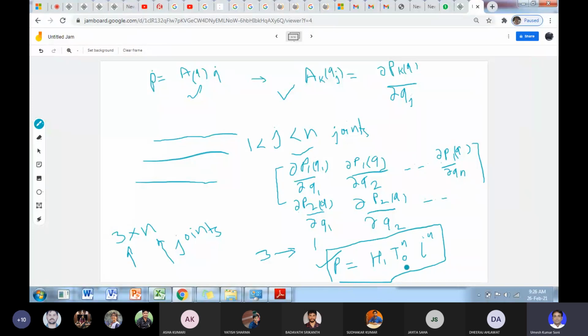Okay, so here one term is there. You see complete homogeneous transform matrix for up to nth variable, nth joint represented to the base. Okay, so this is the known quantity.